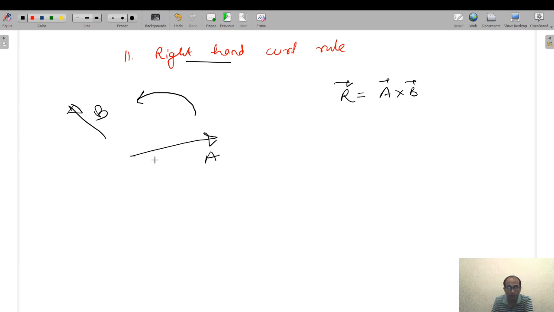So in this particular problem we will see, if we look at my right hand, if I curl from A to B, my thumb is coming outward. So in this particular case, the R cap is along outward direction.